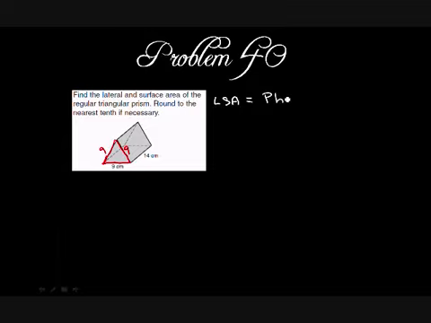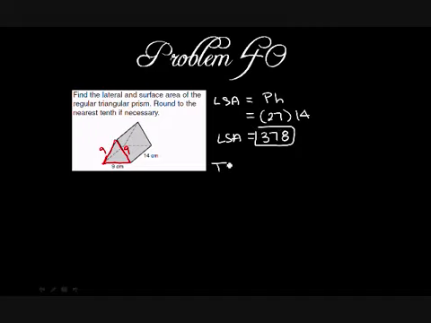And so I need to find the perimeter of the triangle and then multiply by the height. In this case, the perimeter is going to be 9 plus 9 plus 9, since there's only 3 sides, so that's 27. And I'm multiplying that by the height, which is 14. And so I end up getting 378 as my lateral surface area.